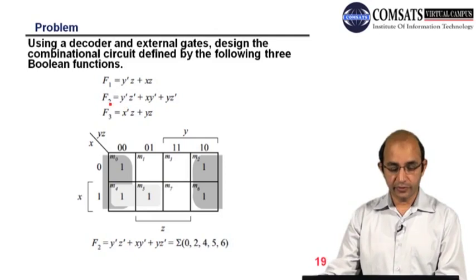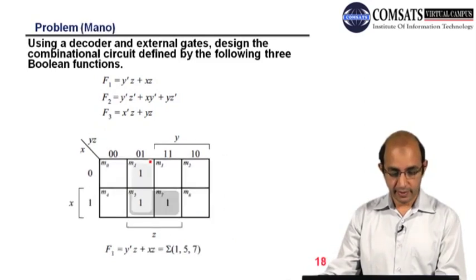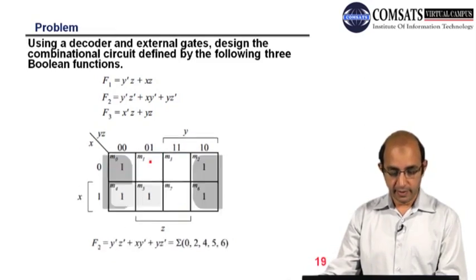So then we will move to F2. For F2 you can see we have y bar z bar, and x y bar, and y z bar. So if I talk about y bar z bar, so this is y bar z bar. Here we have x.